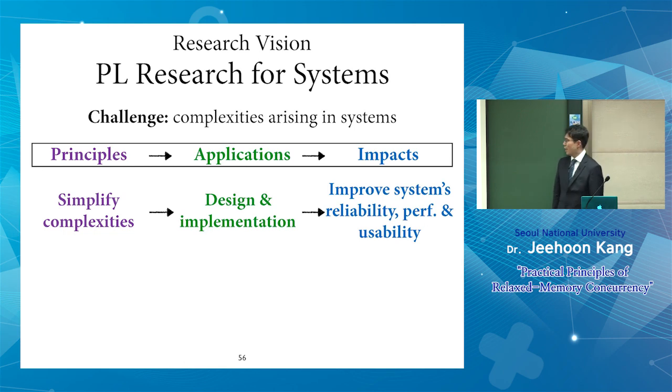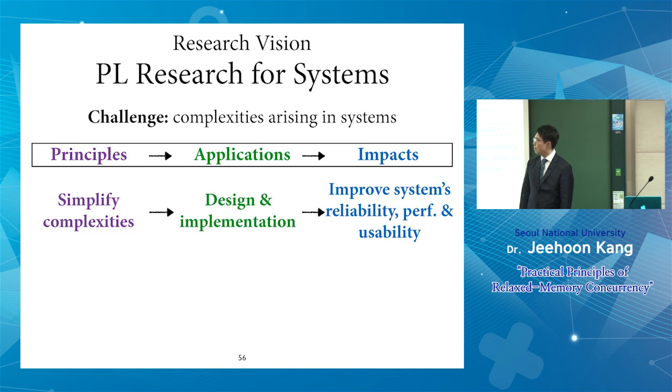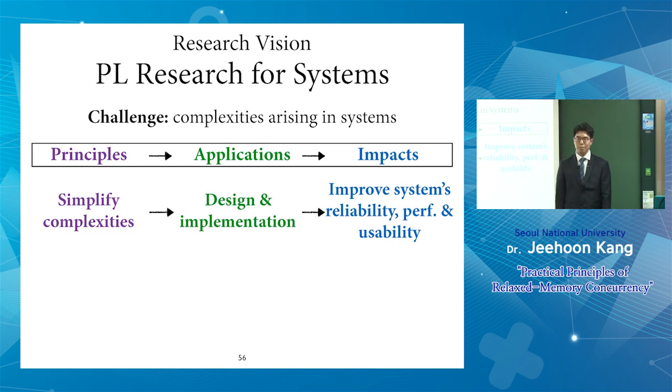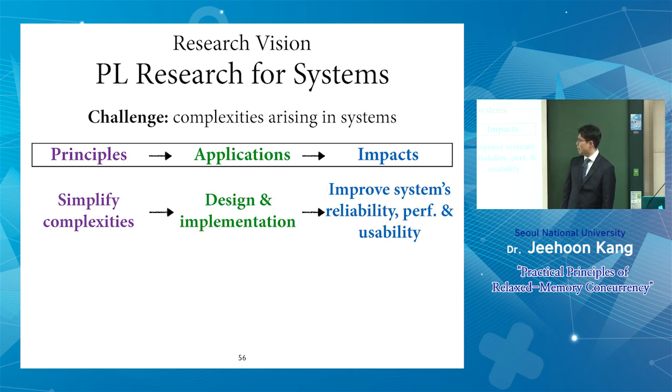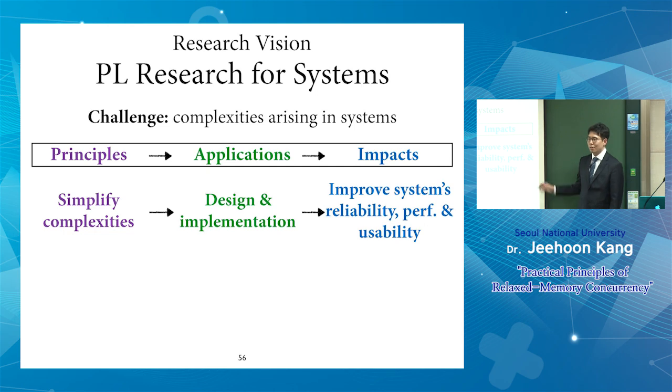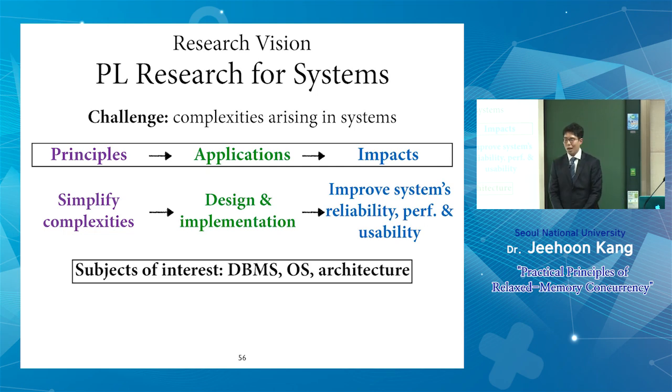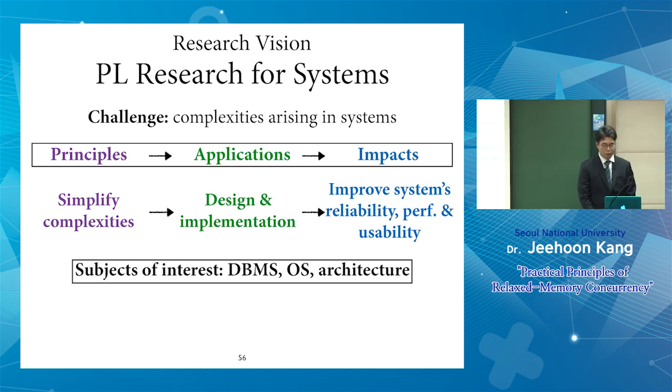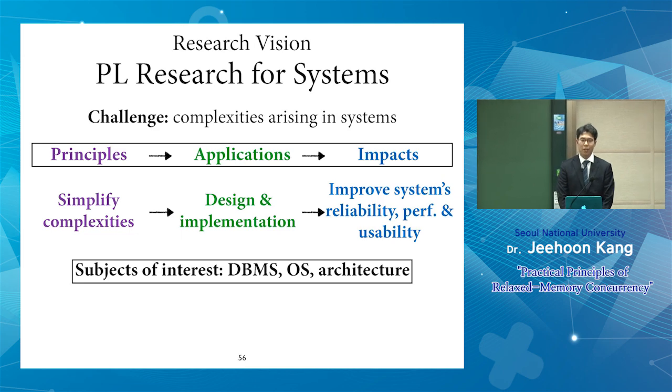My main strategy is first simplifying the complexities with simple principles or simple abstractions, and then applying these principles in the form of design and implementation. As a result, I'd like to improve the system's reliability, performance, and usability. This is just a thin idea, and I'm specifically interested in applying it to database management systems, operating systems, and architecture.